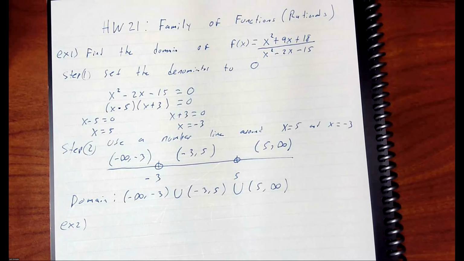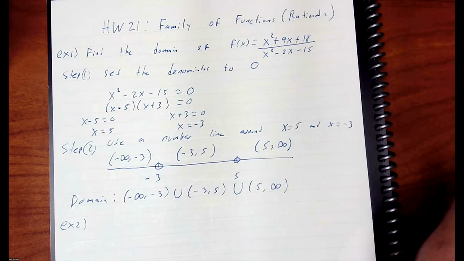So if you have more than one, then in our case, x equals 5 is a vertical asymptote, x equals -3. So the actual line equation, not the value. I'm not saying the number 5, I'm saying x equals 5, the equation. Okay.